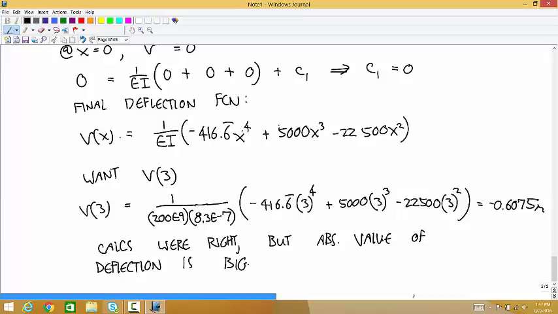And so that calls into question, what's the problem with that value being so big? There are a couple possible problems. One is if the material is deforming a lot, there's a good chance that the stresses are really high. And so one possibility is that this thing would just break right off the wall. To figure that out, we just have to do a stress analysis and compare that to known limitations of the material.